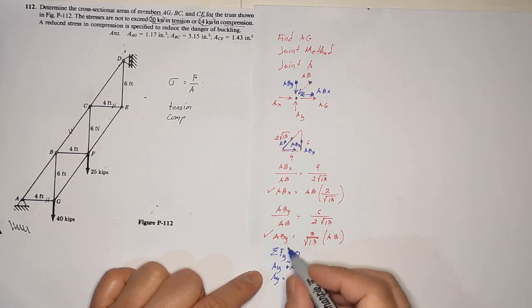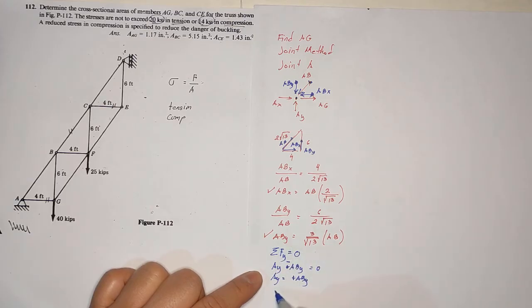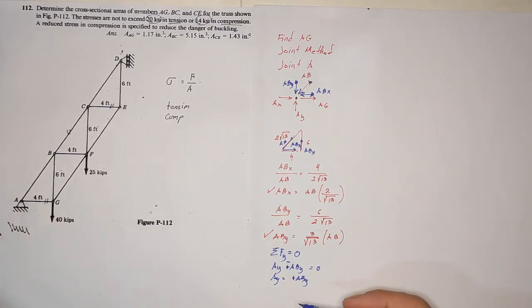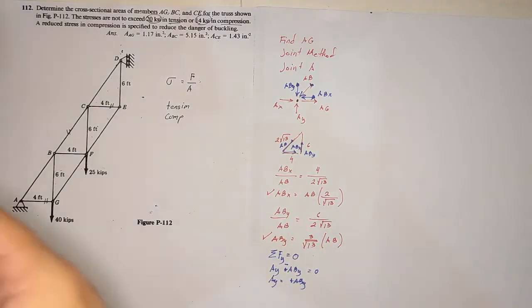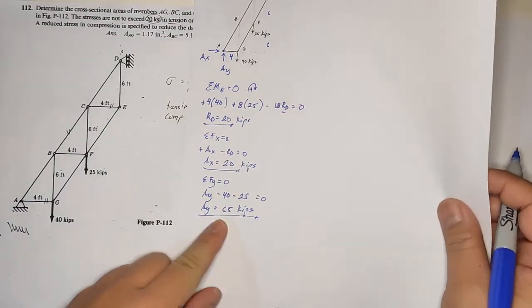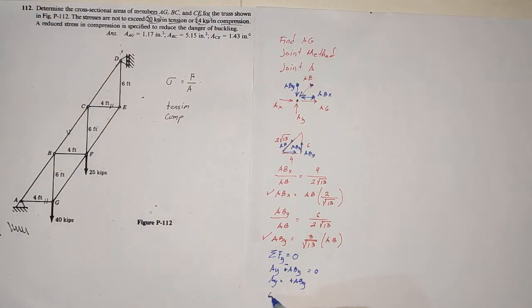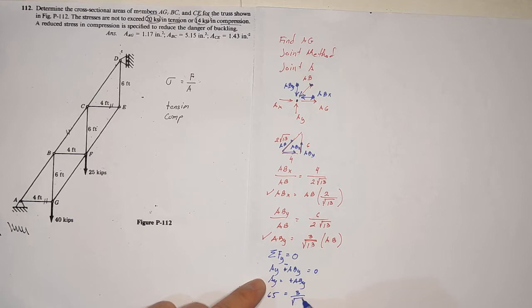So, what is ABY again? ABY is AY from our previous computation. It's 65. So, 65 equals ABY here. You have 3 over square root of 13 times AB. We can compute for AB.